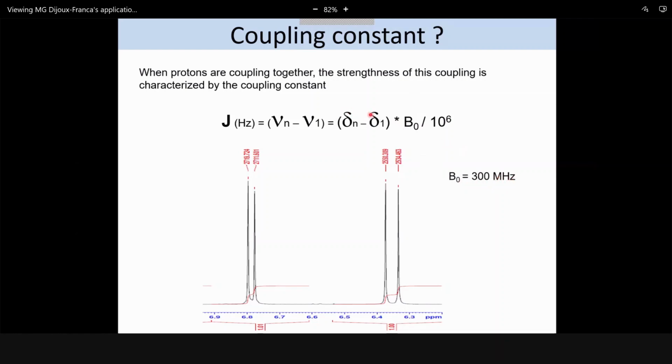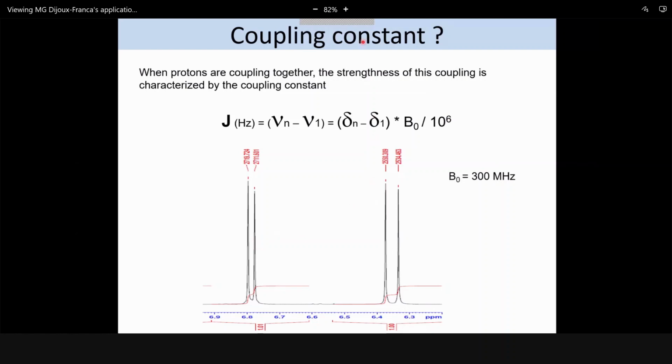So then to have the value in hertz, we have to make the difference between chemical shifts in ppm times B0 divided by 10 power 6, because it's in megahertz here, and we want a value in hertz. So that's how we calculate the coupling constant.